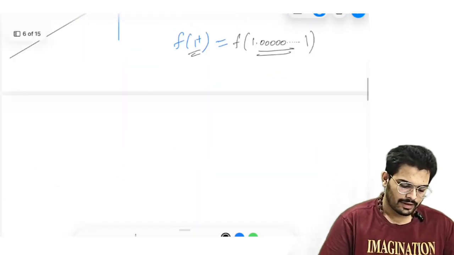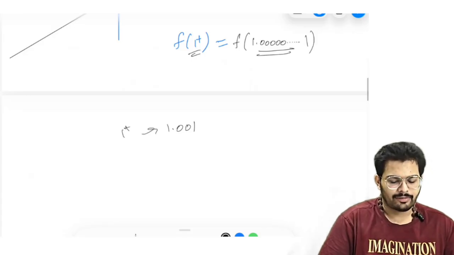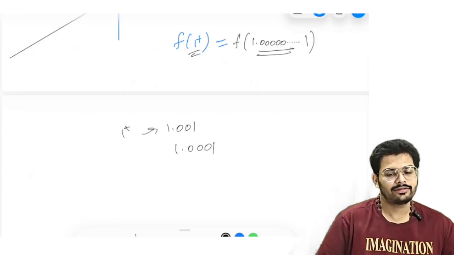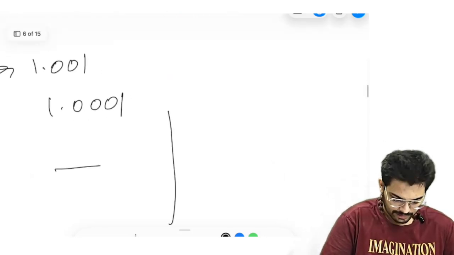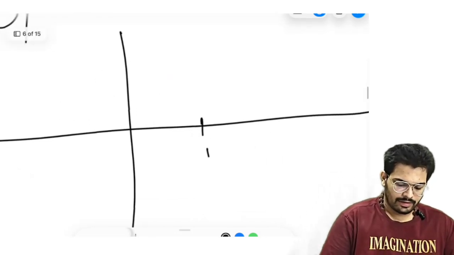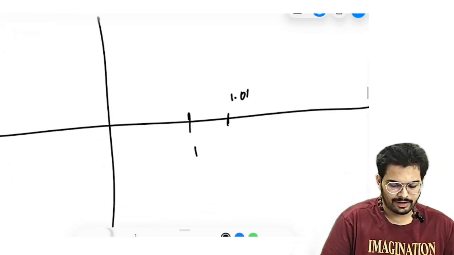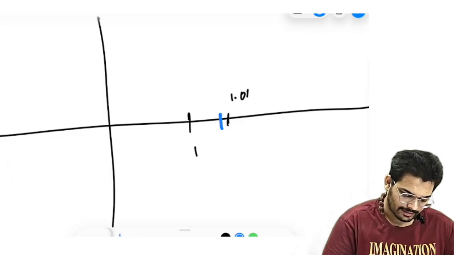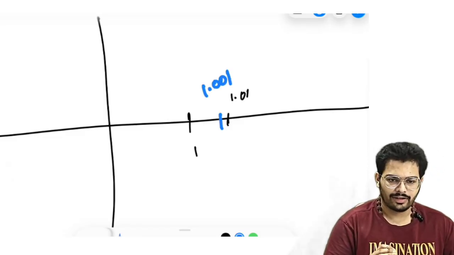Suppose you tell me this is the value of 1 plus, a slight increment, then I can have one more value closer. If 1.01 is a closer value, then I can have one more number by simply adding a 0: 1.001 is closer, because that is again closer to 1.